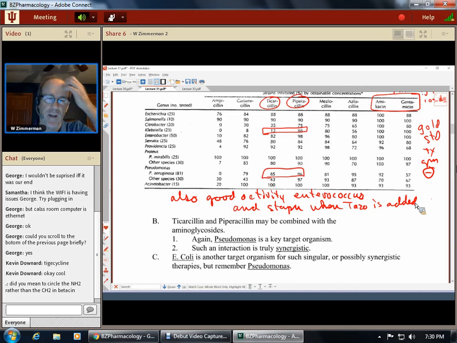So the tazo may not help much against the Pseudomonas, but again, we use these drugs for more than just gram negatives, or for more than just Pseudomonas. So what we see here was the ticarcillin, piperacillin, tazobactam is a drug that gets a lot of gram negatives, does really well, gets Enterococcus, and will get staph.